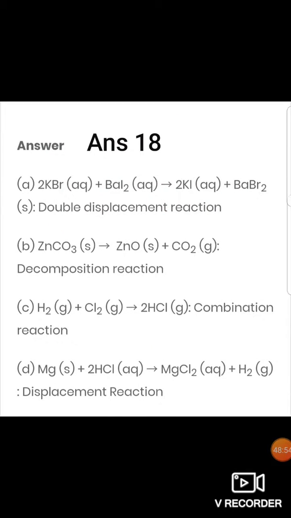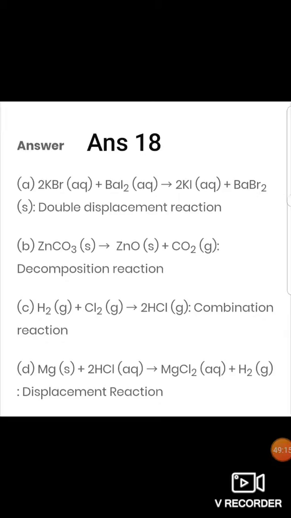So the first one is a double displacement reaction. You can see two reactants on the left hand side and two products on the right side.